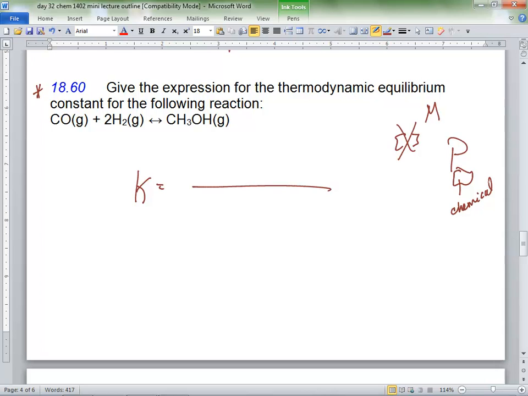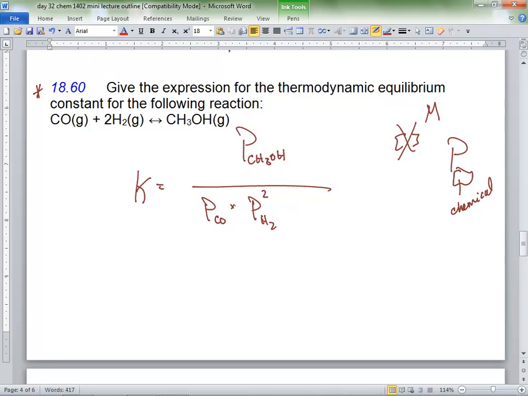Make them subscripts so they can't be so big. We're good? You agree? And everything has to be in atmospheres. All those pressures have to be in atmospheres.